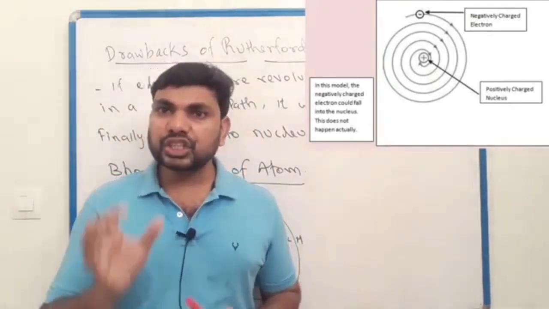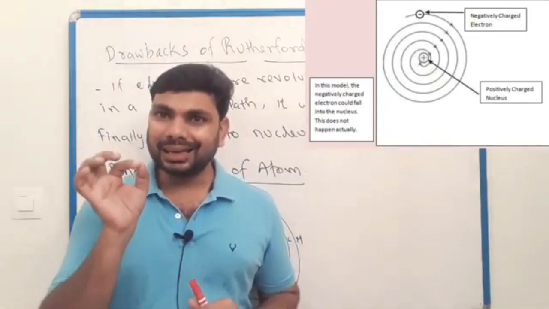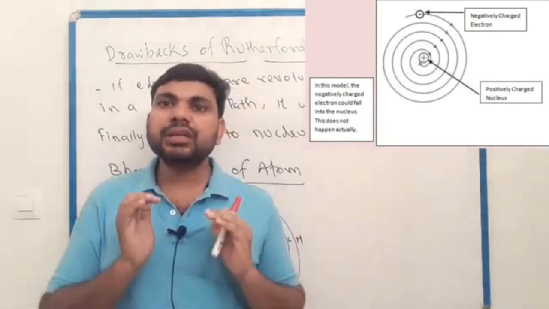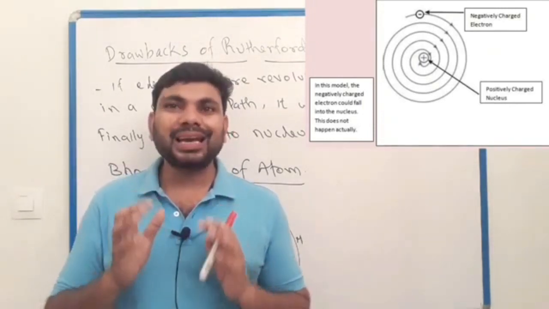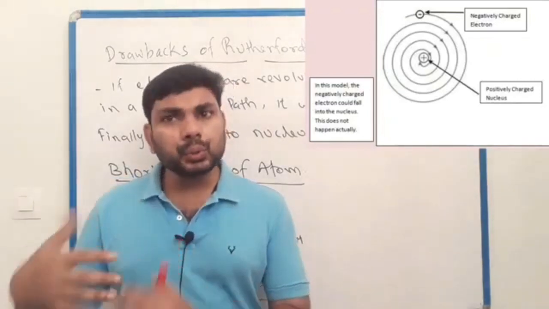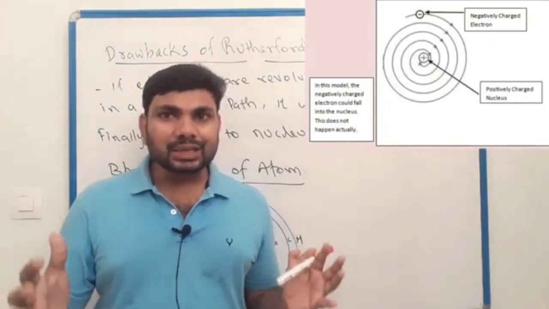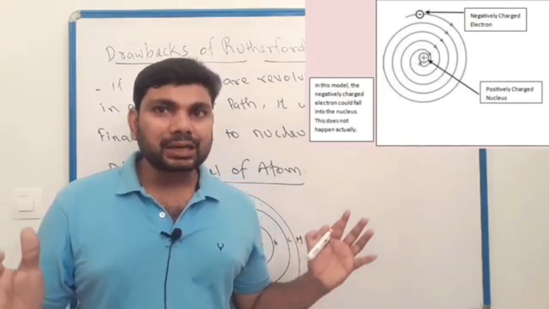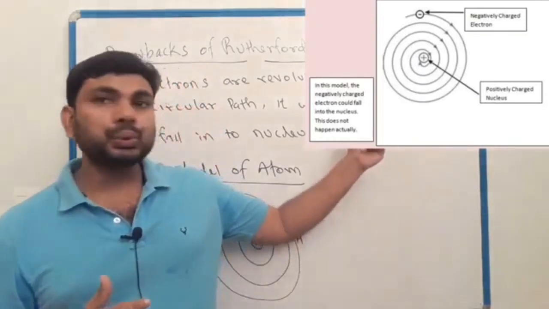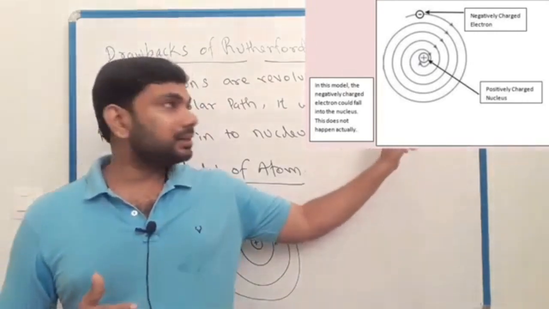center. If a charged particle like an electron continuously revolves around a positively charged nucleus, the electron will radiate energy. The electron will lose energy, and after losing energy, it will come near to the nucleus, like in this diagram.